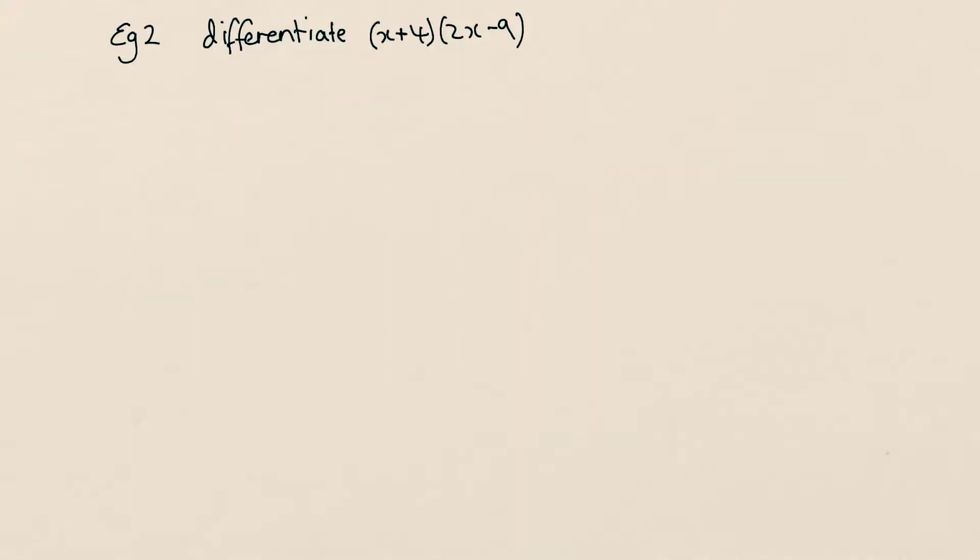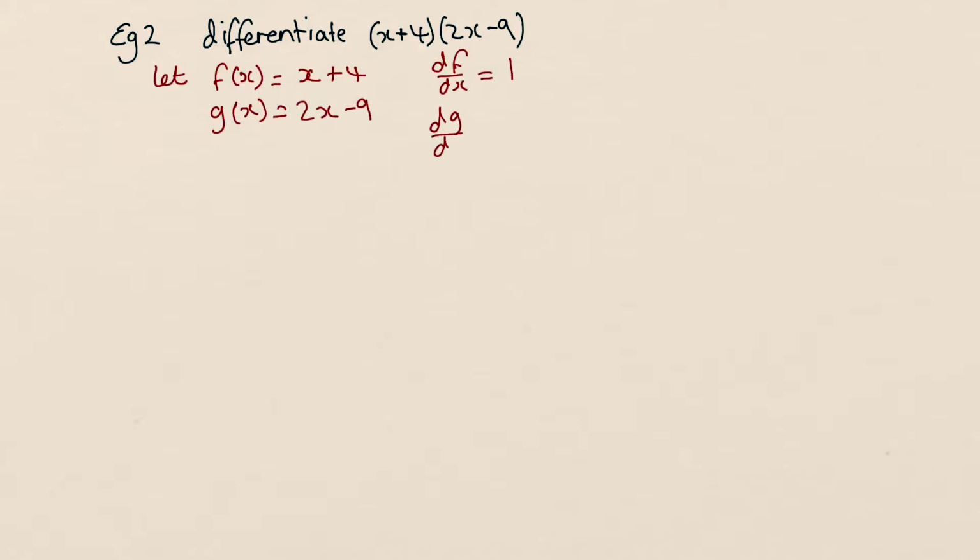Okay, so we can do another example. We're going to differentiate (x plus 4) lots of (2x minus 9) using the product rule. So we're going to let f(x) equal x plus 4, g(x) equal 2x minus 9. df/dx is going to be 1, and dg/dx is going to be 2.